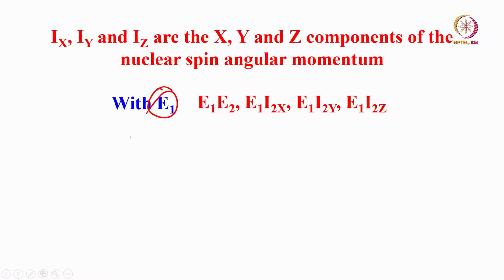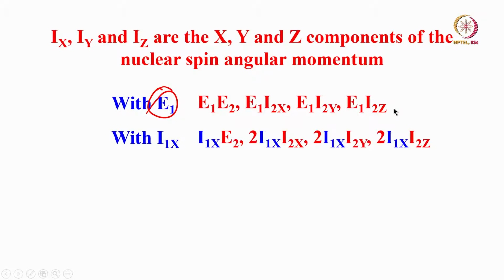With E1, now what are the four possible product operators? E1 into E2, for the second spin, E1 into I2x, I2y and I2z. Because now I am considering the second spin, E2, I2x, I2y, I2z are the three angular momentum operators. When it combines with E1, we get four possibilities: E1 into E2, E1 into I2x, E1 into I2y, E1 into I2z.